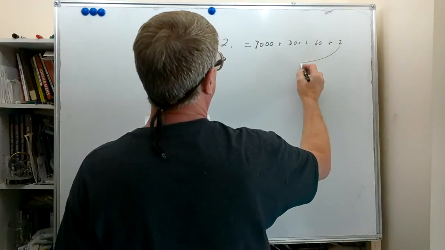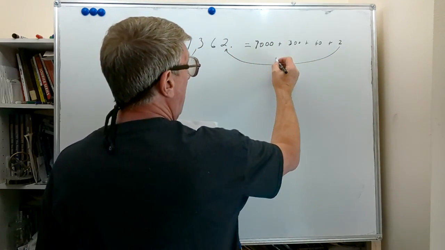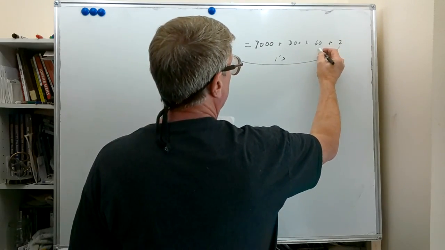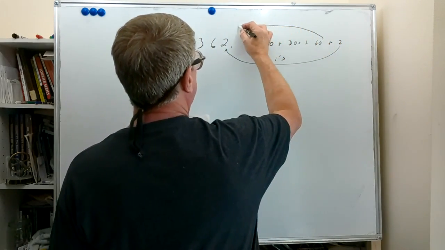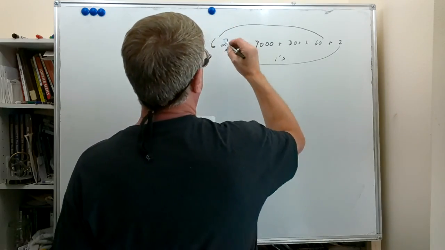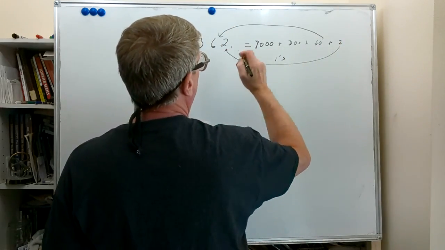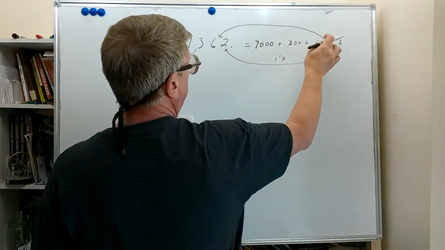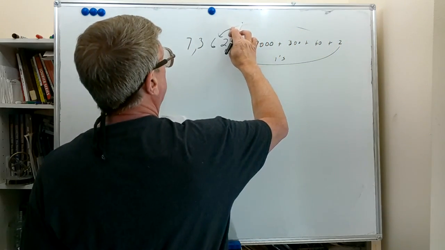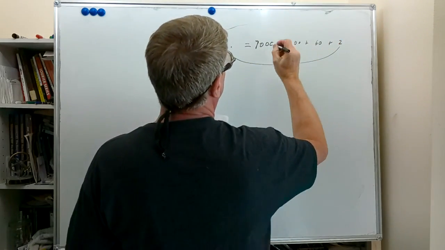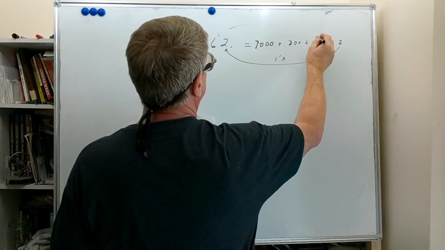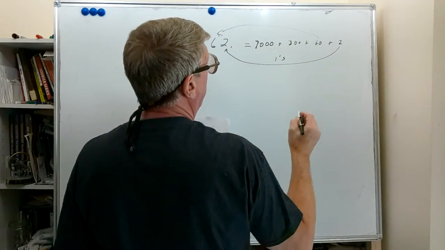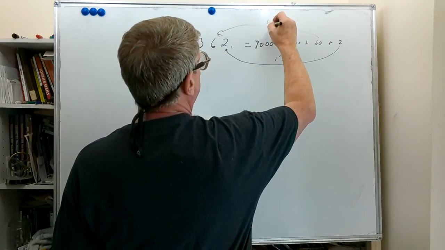And here you can see the 2 is correlated to the ones place. The 60 is correlated to the tens place.